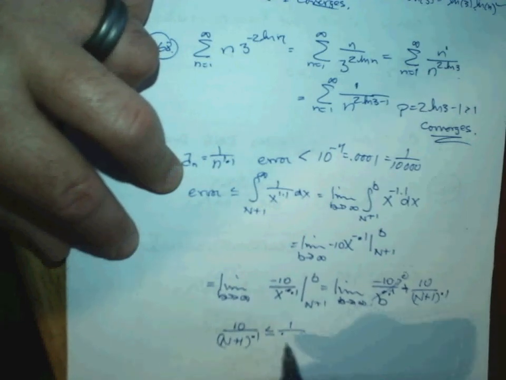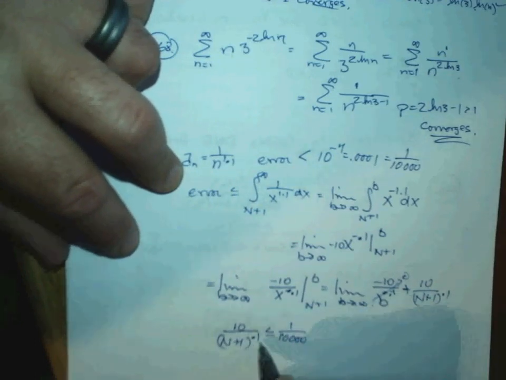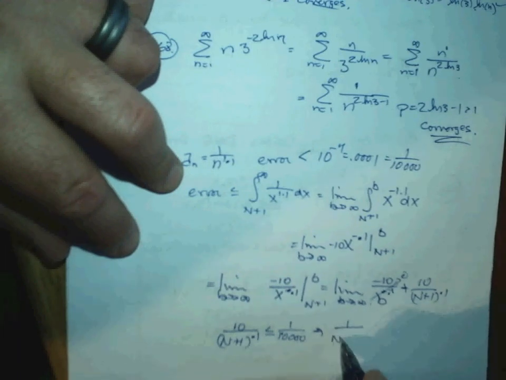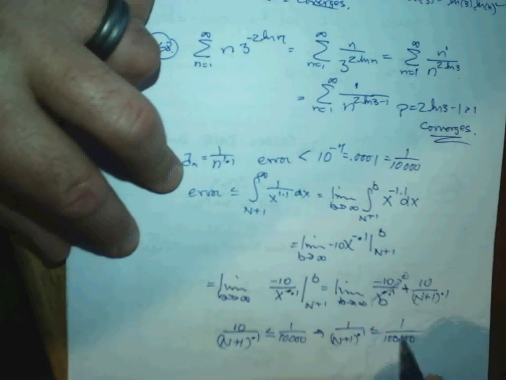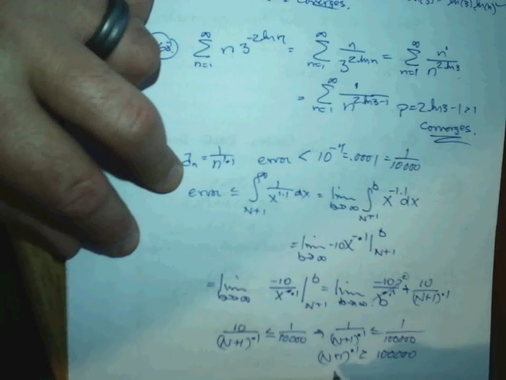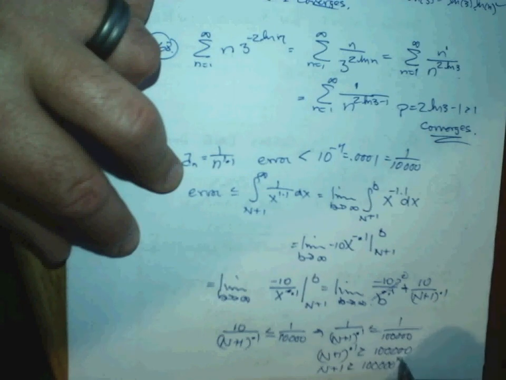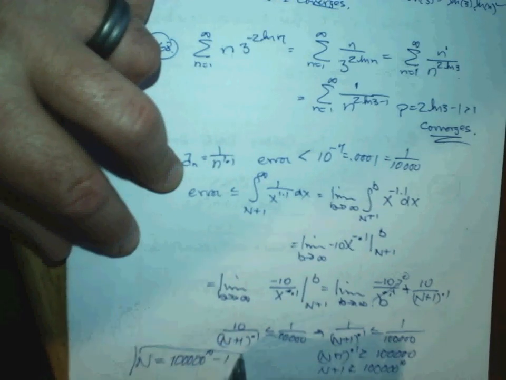Okay. And I want this error to be less than 1 in 10,000. Okay, so multiply both sides by 1/10. I want this to be less than 1 in 100,000, so I want n plus 1 to the 0.1 to be bigger than or equal to 100,000. Multiply both sides by 10, or raise to the power of 10, and then subtract 1.